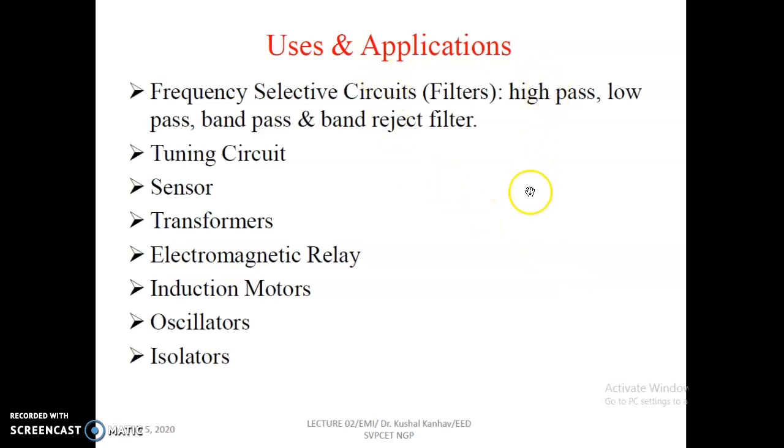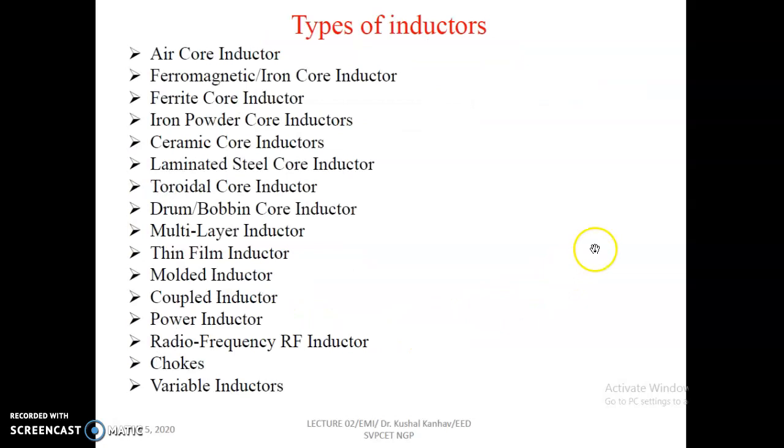These are some uses and applications of inductor. It can be used for frequency selective circuits, which are called filters, such as high pass, low pass, and band reject filter. It can be used for tuning circuit in TV and radio. It can be used as a sensor, transformers, electromagnetic relay, induction motors, oscillators, and isolators.